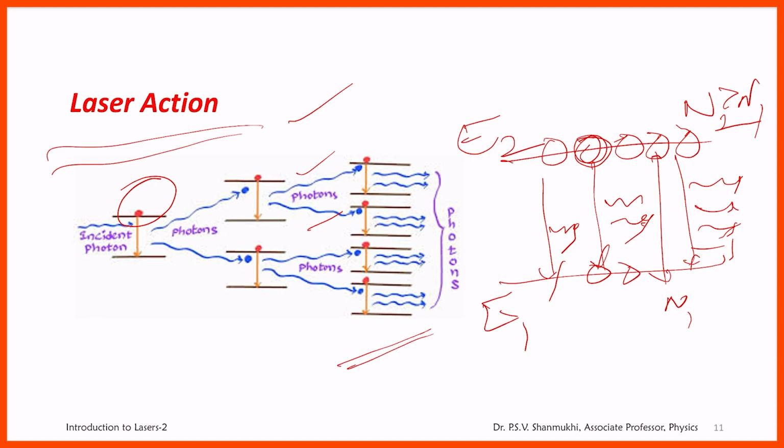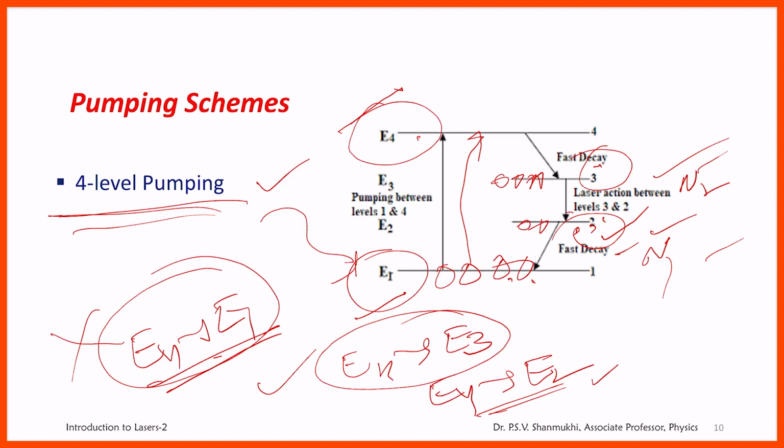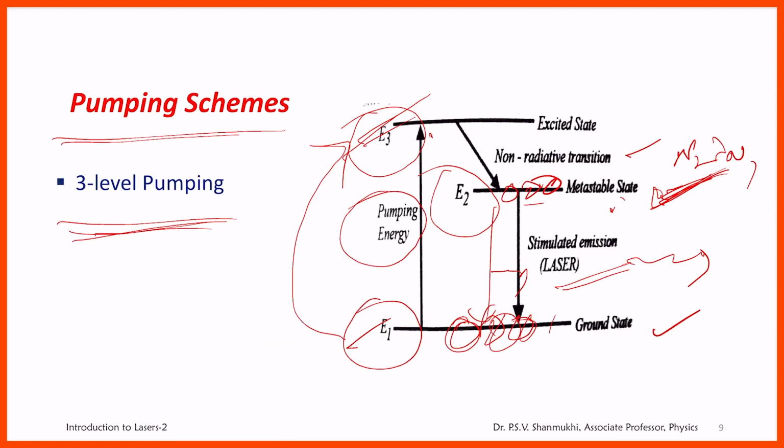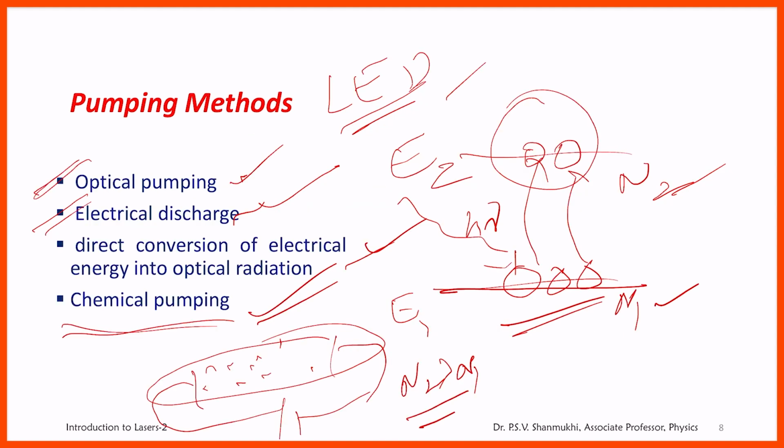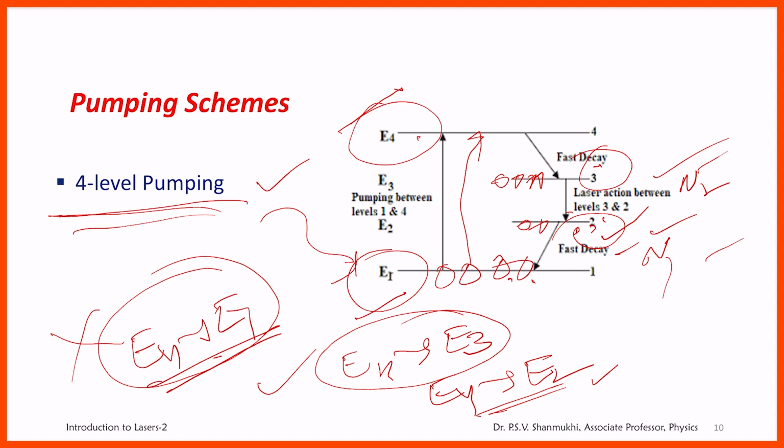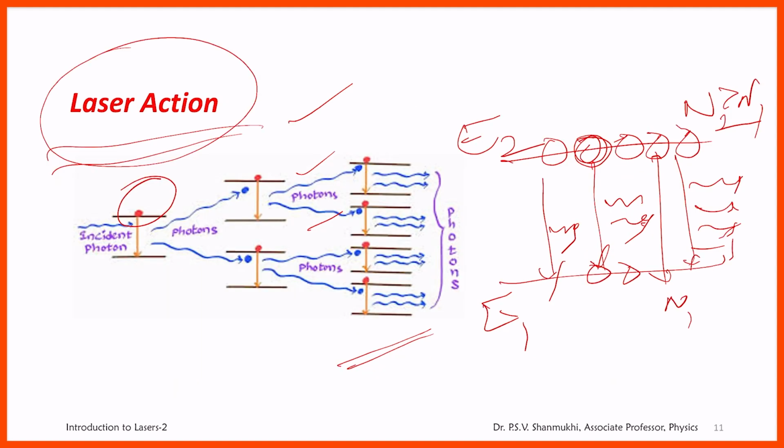What we have to understand is, to get the laser light, laser action is a must. To get the laser action, population inversion is essential. So, to get the population inversion, pumping methods and pumping schemes are important. All these things are very much essential to get the laser light. Here you observe there is a multiplication effect, highly intensified light is produced and highly directional light is also produced.